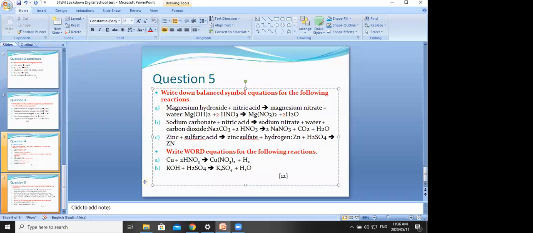ZnSO4 plus H2. Are we clear? Yes, sir. And that one is balanced. It is balanced. We don't need to add anything.